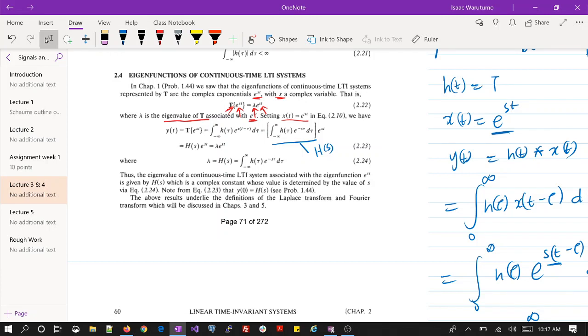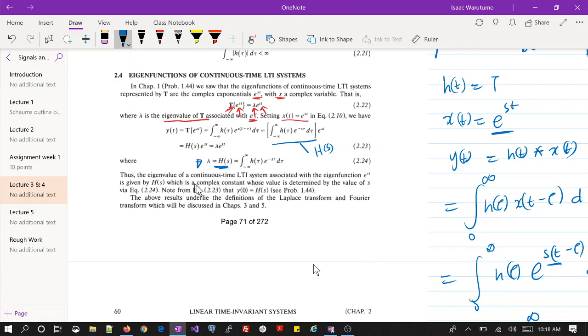From what we have just done, H(s) is the eigenvalue, which is equated to lambda and is assumed to be constant because our integral with respect to tau is considered to be constant.